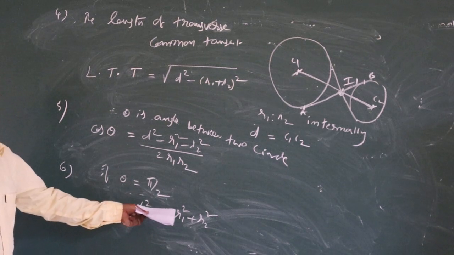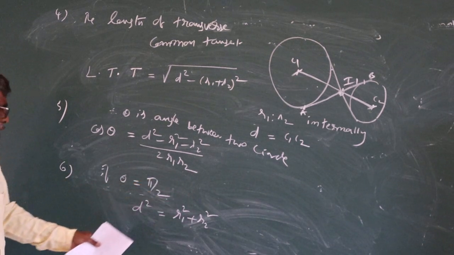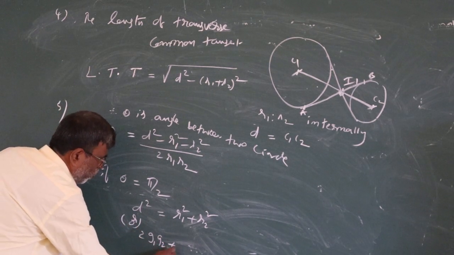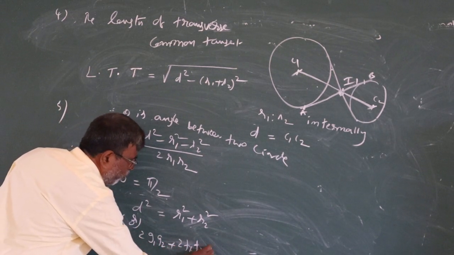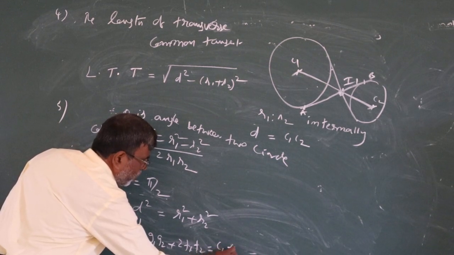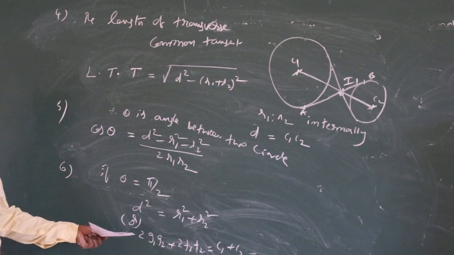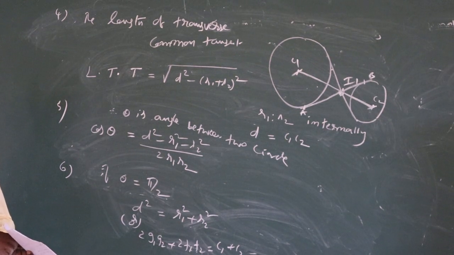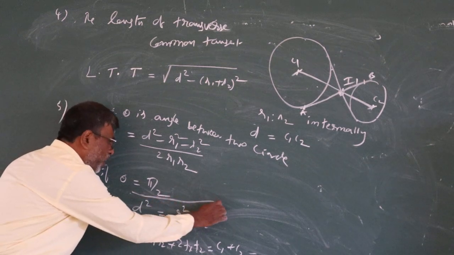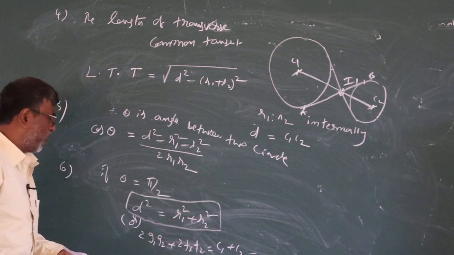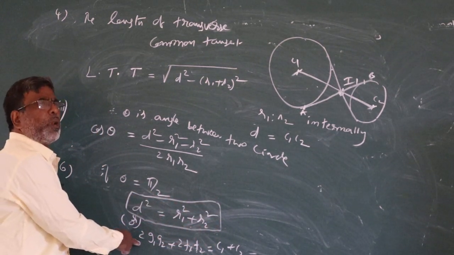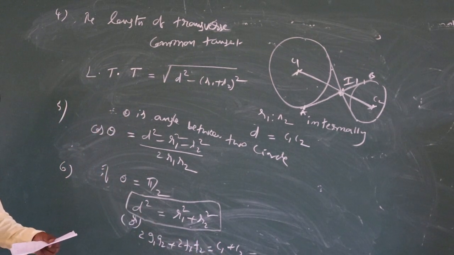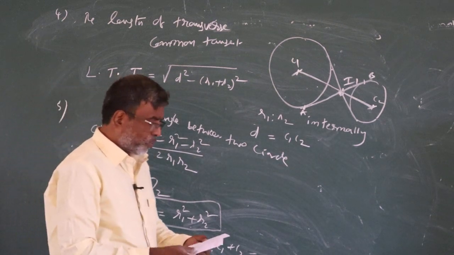Or in terms of the general equations, 2g1 g2 plus 2f1 f2 equals c1 plus c2. This is also a very important shortcut. The two circles cut each other orthogonally when d square equals r1 square plus r2 square, or 2g1 g2 plus 2f1 f2 equals c1 plus c2.